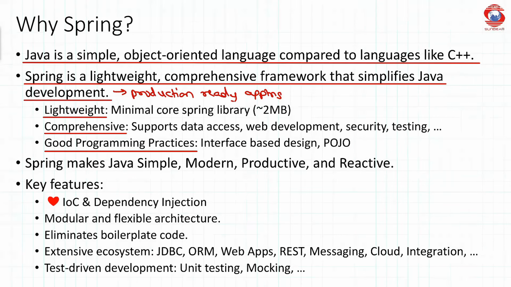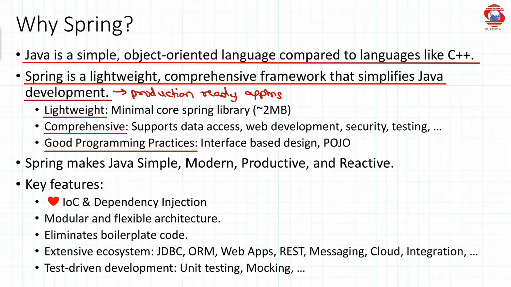Now, Spring has ensured that all these good practices are taken care of as a part of the Spring framework. So it is very easy to develop, or I would say very natural to develop, new applications which are actually following the good programming practices, what you call loose coupling, interface-based design. You talk about dealing with POJO classes, plain old Java objects, etc. So all good practices are followed, and we are going to follow all of them in our applications as well every day.